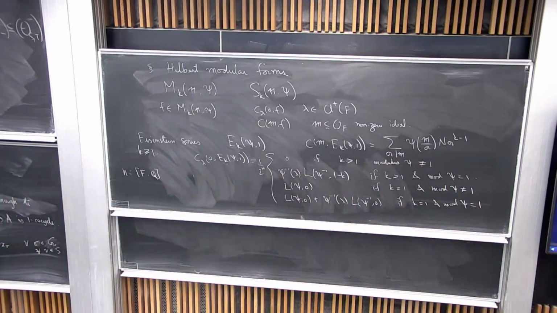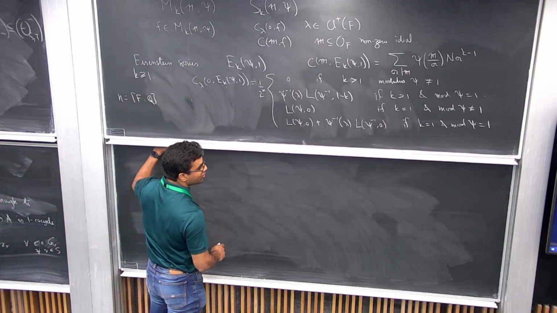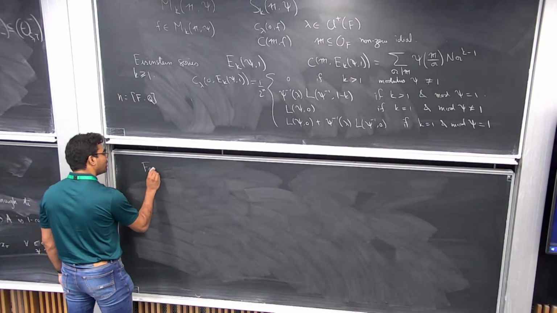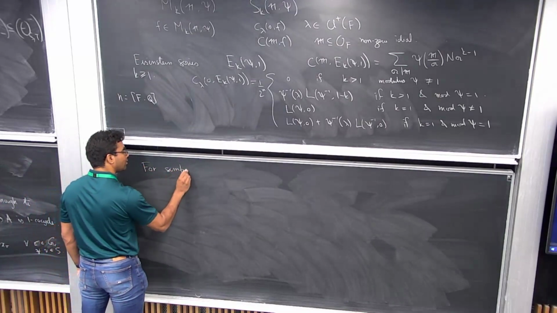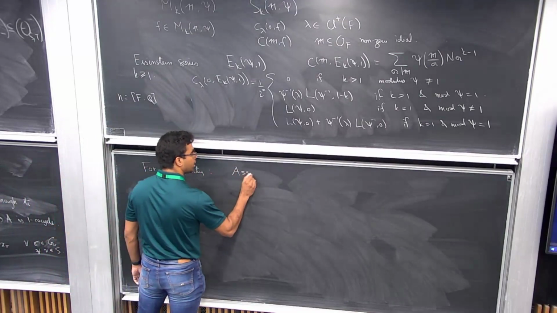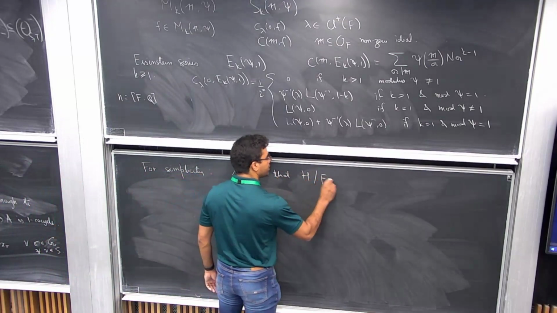Now, I want to simplify the situation. From now on, assume that H over F is unramified.